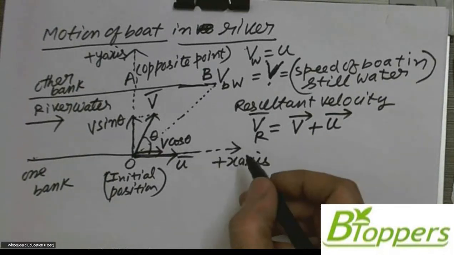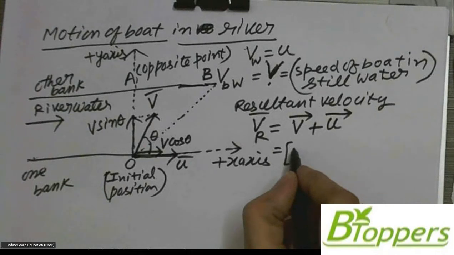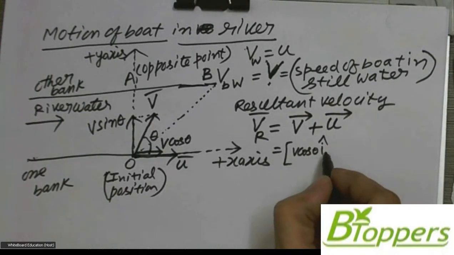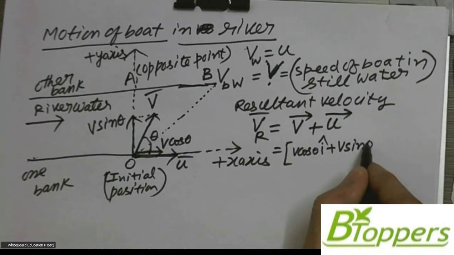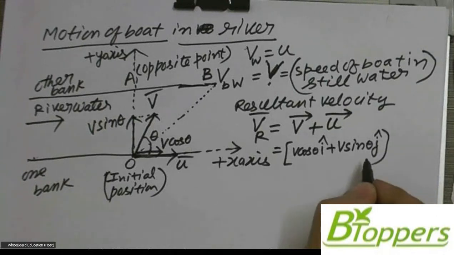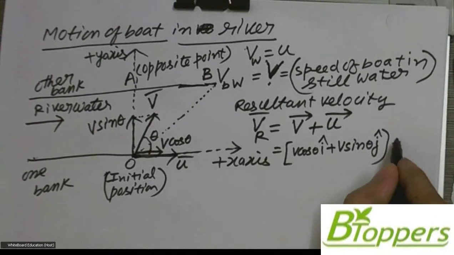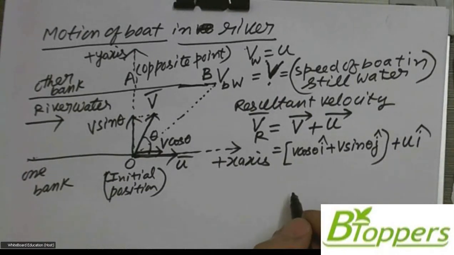This v bar you can write as v cos theta into i cap plus v sin theta into j cap, and u bar you can write as u into i cap.